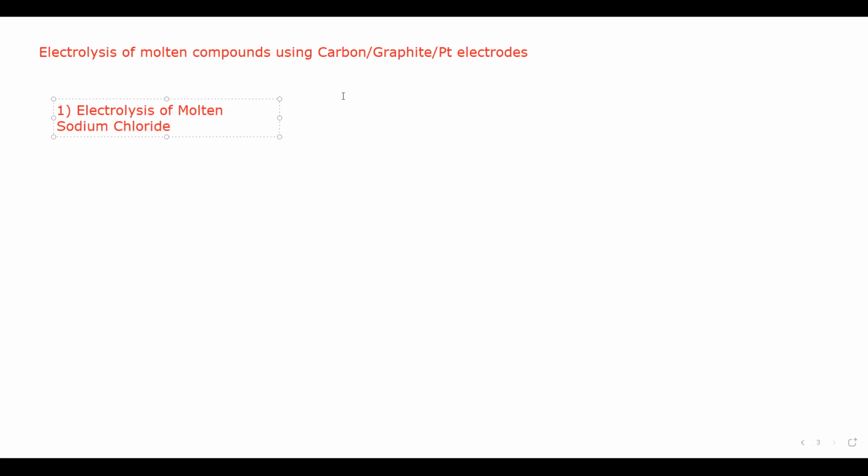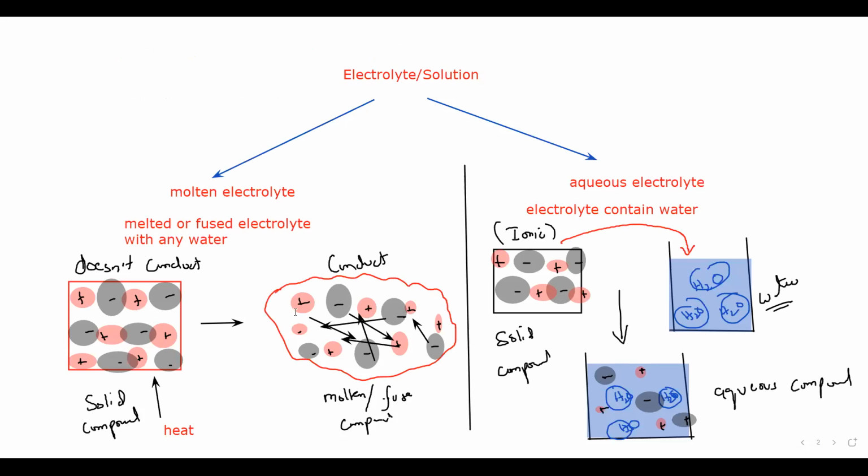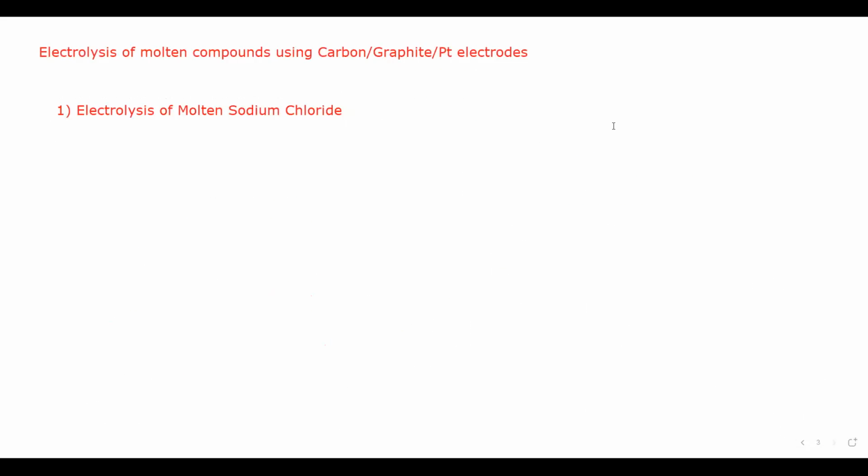So we have molten sodium chloride, or a fused sodium chloride. Molten means the ions are free to move, but it does not contain any water. This is the electrolyte, then the electrodes, then you have a battery or a cell.